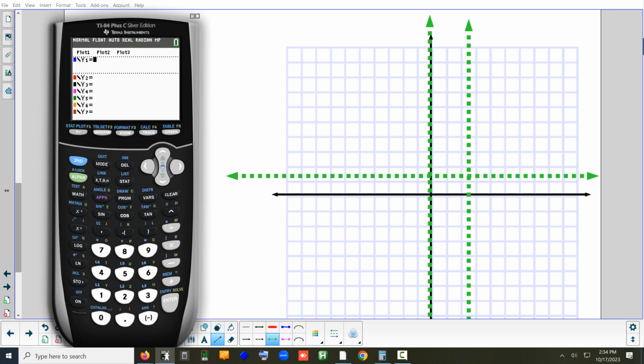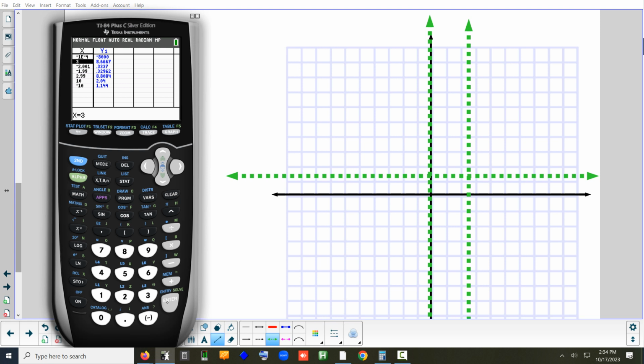Can someone remind me, what was the numerator? 3x squared plus x minus 4. And what was the denominator? 2x squared minus 5x. Okay. First asymptote is at 0. What's a number that's just a little smaller than 0? Negative 0.0001.